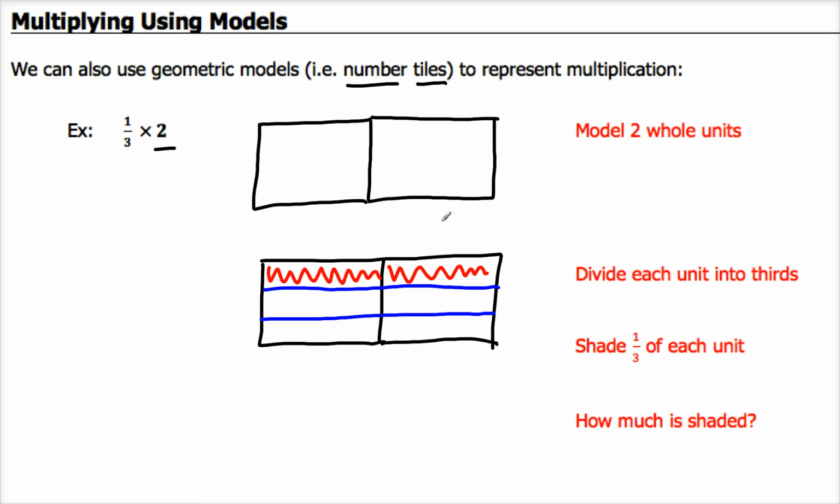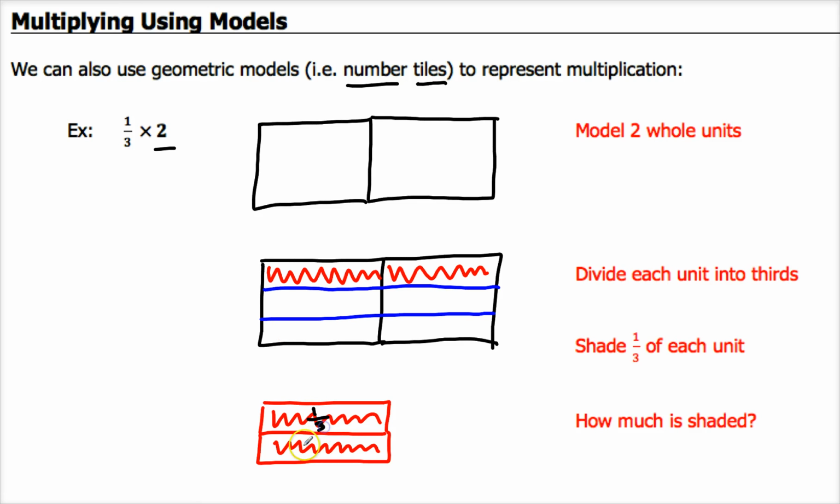And so now I'm going to look and see how much do I have shaded. Okay, well, I have this small piece right here shaded. And then I have another small piece identical to it shaded. Each of these shaded pieces is 1/3.